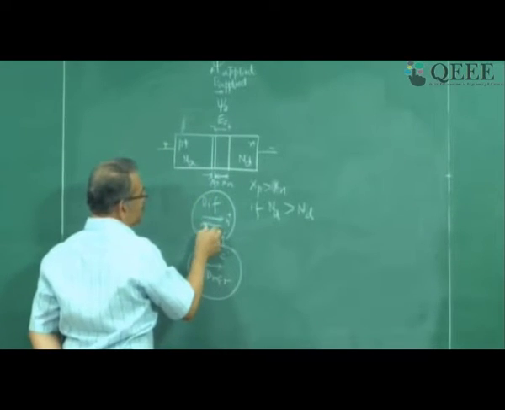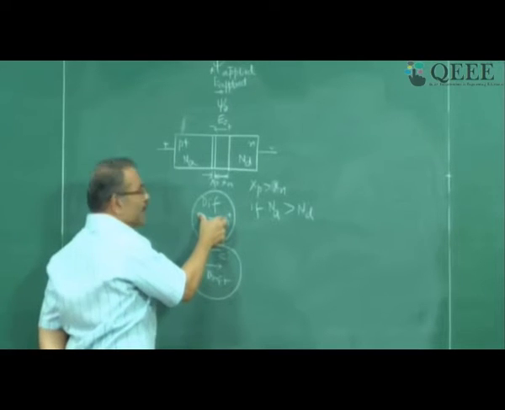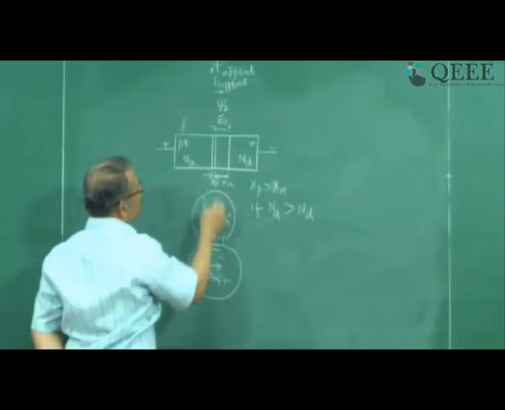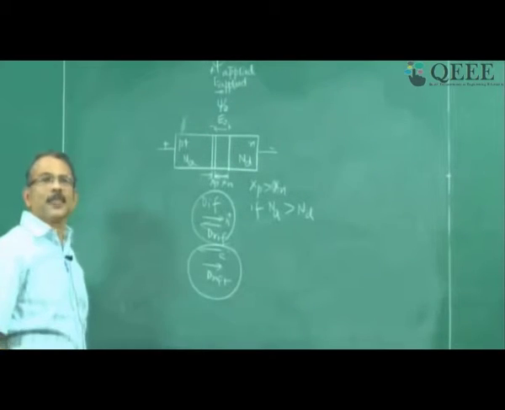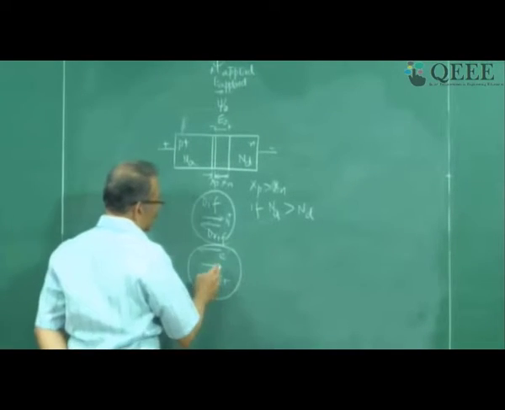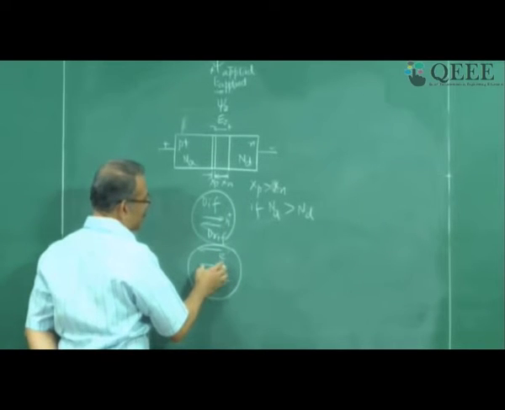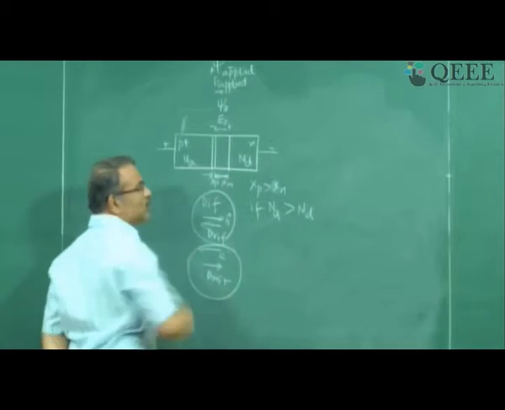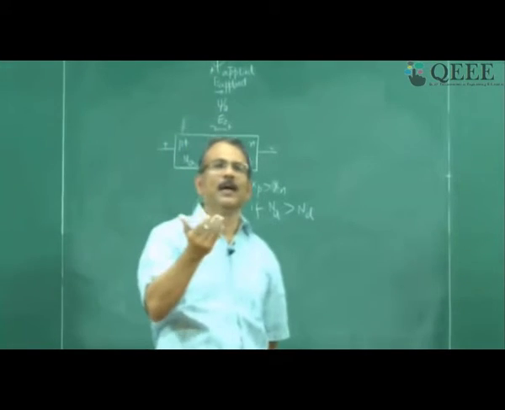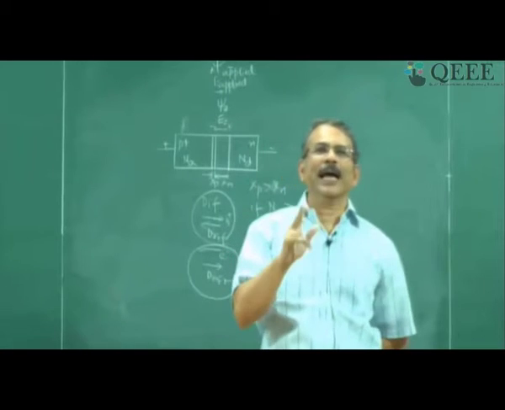So drift is reduced, so diffusion is more. So diffusion is more means diffusion of holes is more, means holes will move from P to N when you apply a bias. Similarly, you can look at the electrons. Here also the drift will reduce, diffusion will increase, which means electrons will move from N to P. So you say electrons are injected from N to P, holes are injected from P to N.